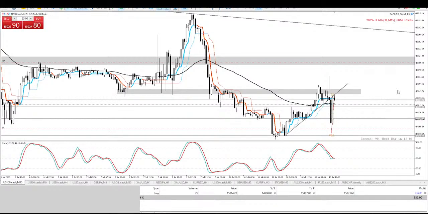The other alternative here with this move is that it goes flat for like a couple hours or so. So that's just something else to keep in mind.